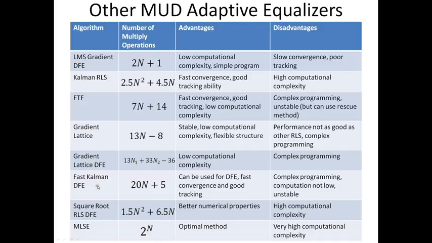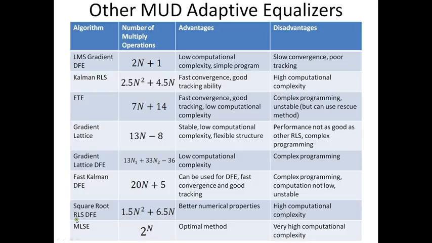But moving on, we have our fast Kalman DFE, 20n plus 5, not too shabby. It has fast convergence, good tracking, but complex programming, computation is not too easy and not too low, and it's unstable.